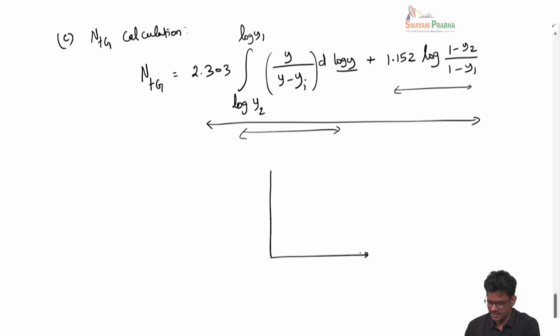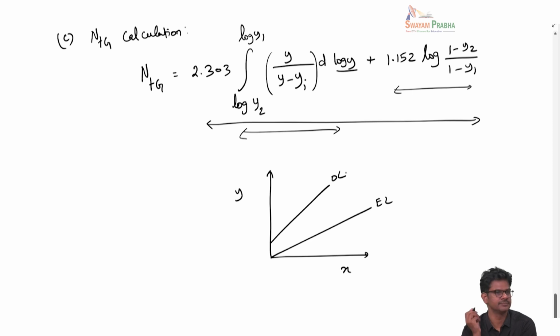So here, this is y and x. Let's say this is your equilibrium line, and let's say this is your operating line. Okay. At any point y, there is a corresponding y star you can see, and this is the driving force y minus y star, which is used in the calculation of NTOG. Okay.